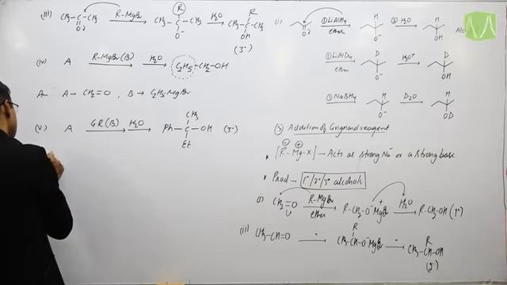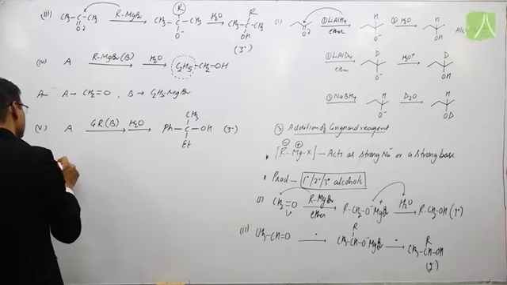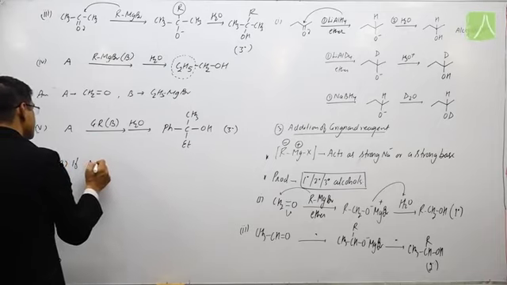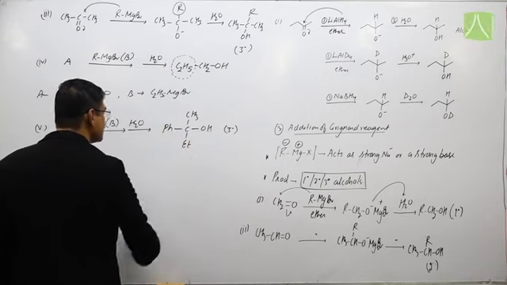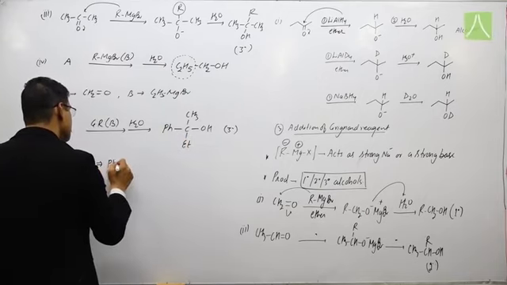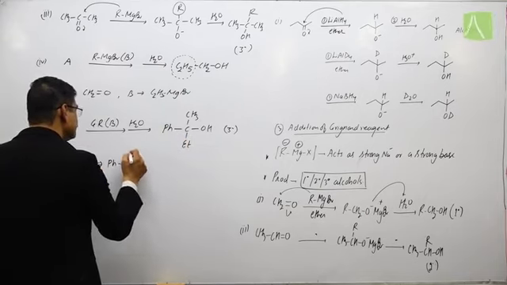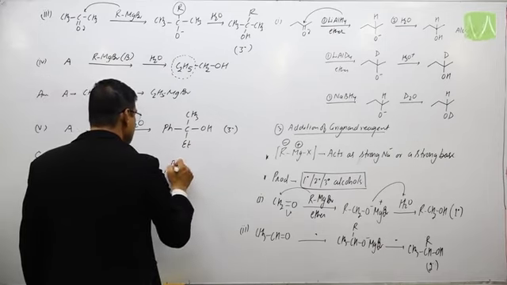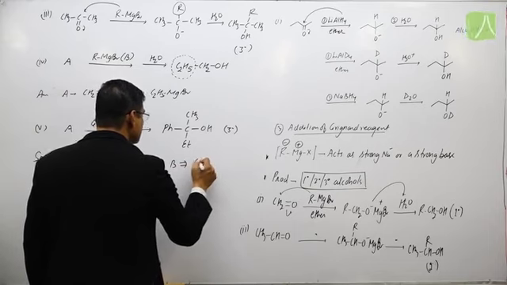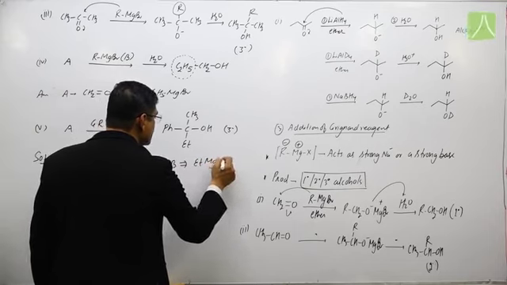So the solution is: if A is this portion, PhCH3CO, suppose A is PhCOCH3, then B is EtMgX.